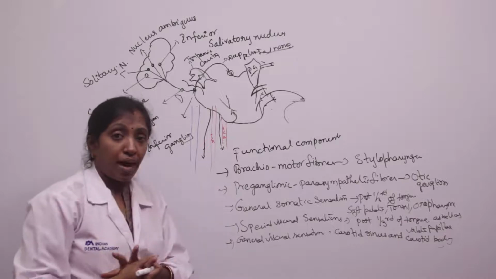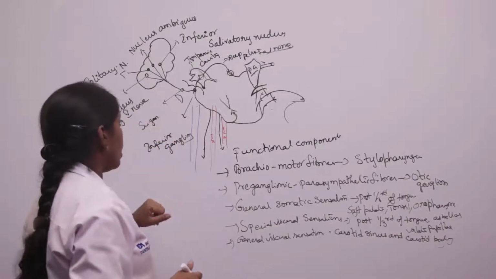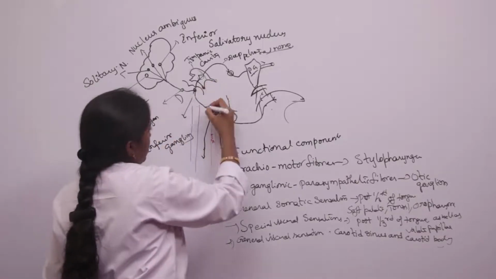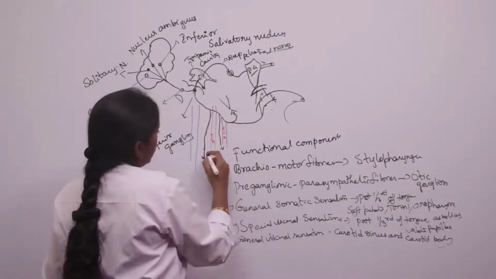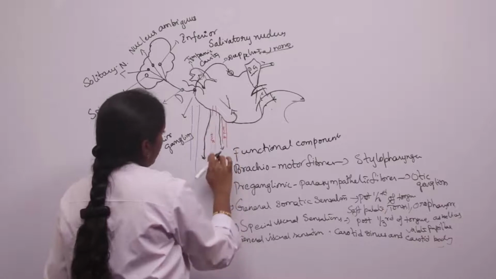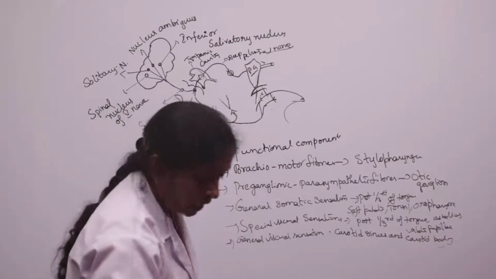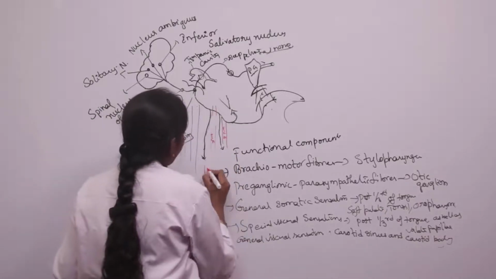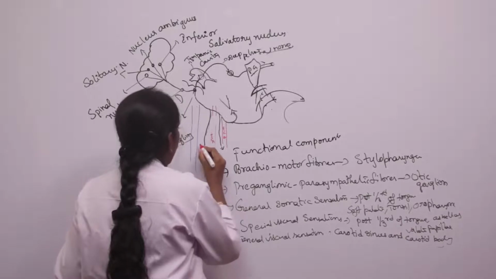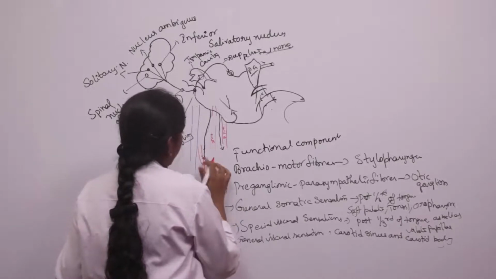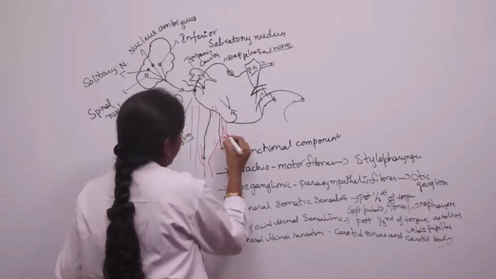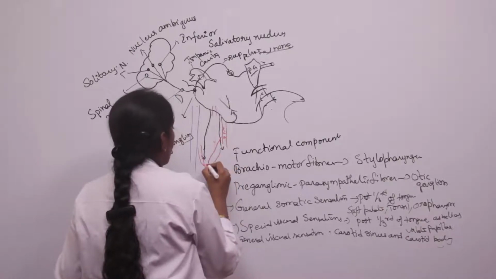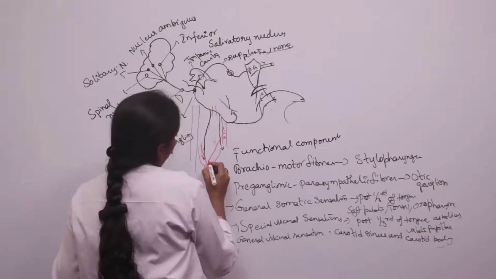The tympanic branch is the first branch of the glossopharyngeal nerve, and also the carotid branch. This is the carotid branch. So we know that the common carotid artery divides into the external carotid as well as the internal carotid artery, right? So this is the external carotid artery and this is the internal carotid artery.